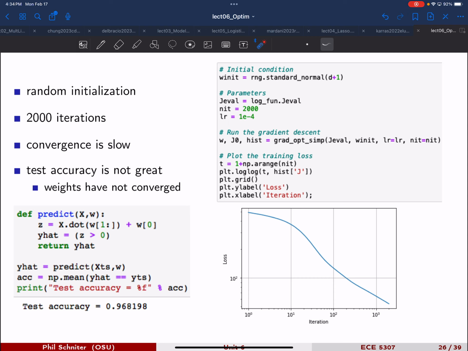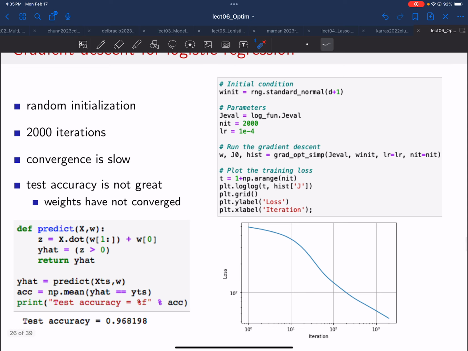If you plotted this on a linear scale, it would look something like this, and it would be hard to tell how things are changing. But on a log scale, it's easier to see how things are decreasing with iterations.